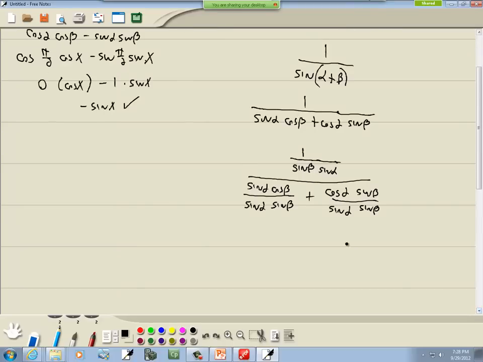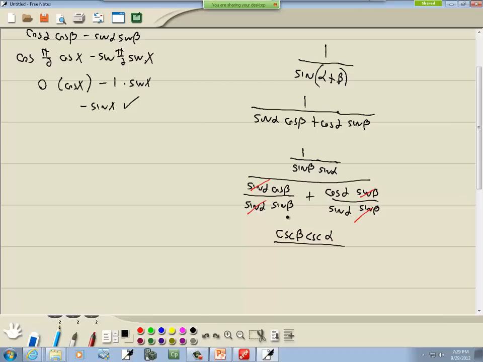Okay. So 1 over sine beta is cosecant beta. 1 over sine alpha is cosecant alpha. Now here the sine alphas will cancel, and here the sine betas will cancel.